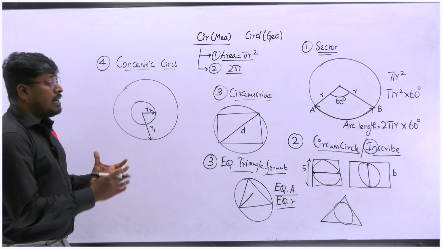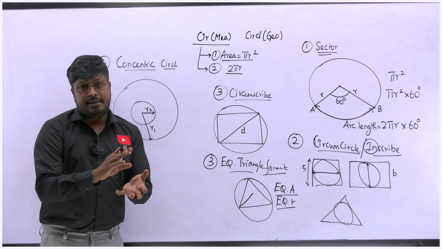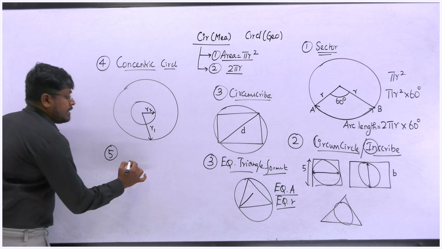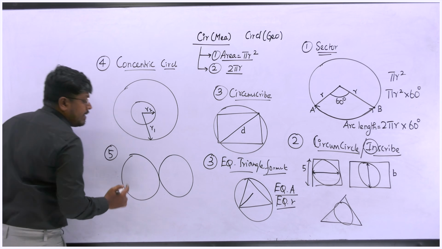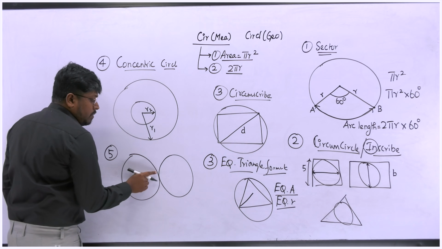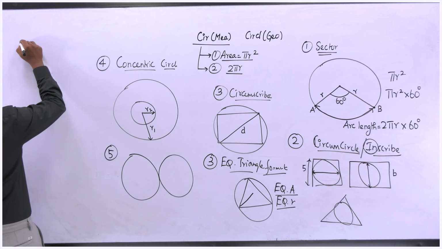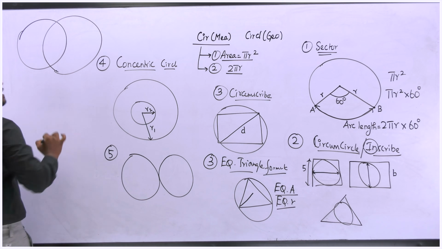And then the circle that touches externally and the circle that touches internally. If you see a question related to two circles that touch externally, externally means this is called circle 1 and circle 2, which touch externally, outside. If a question is related to two circles that touch internally, that means you have to draw a diagram like this.